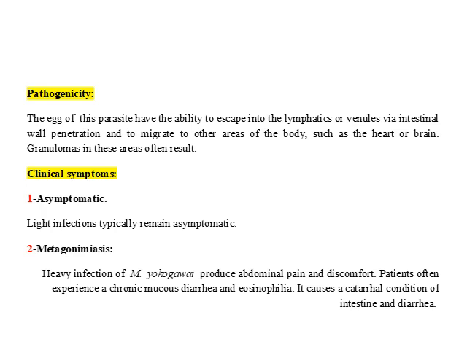Whereas in symptomatic disease, or metagonimiasis, heavy infection with Metagonimus yokogawai produces abdominal pain and discomfort. Patients often experience chronic mucous diarrhea and eosinophilia. It causes a catarrhal condition of the intestine and diarrhea.